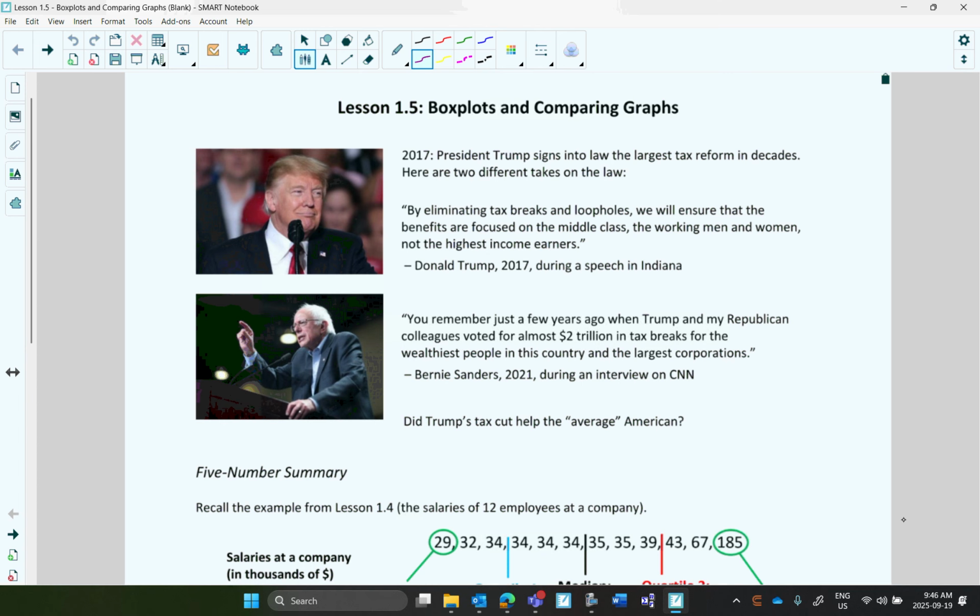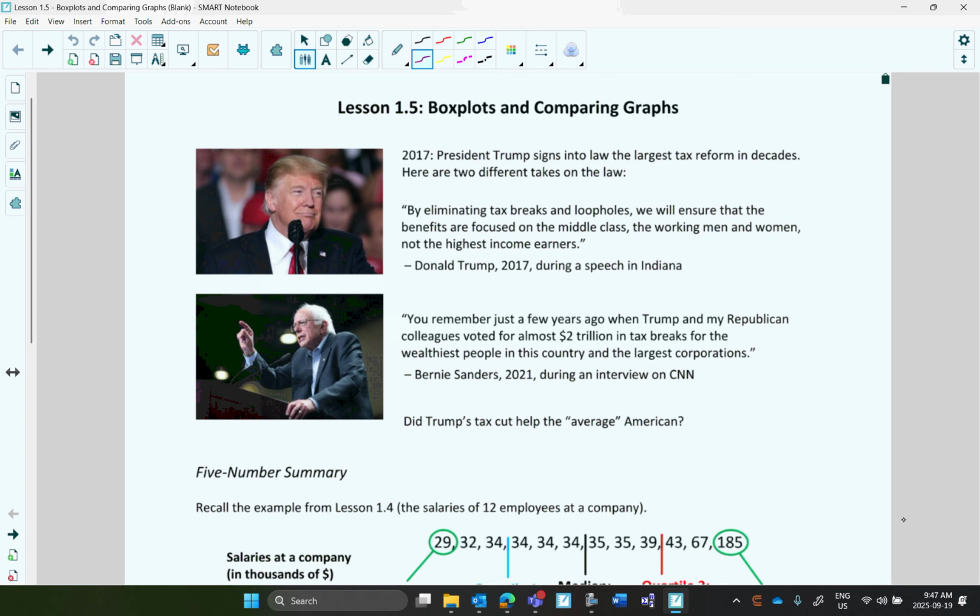And we're going to talk about this a little bit later in the lesson, but an example that we're going to use throughout this lesson, actually, we're going to use the salaries from the previous lesson as the main example. But we're also going to talk a little about taxes in the States, because when Donald Trump was first president, they managed to pass a big bill that him and his party were saying was good for everybody.